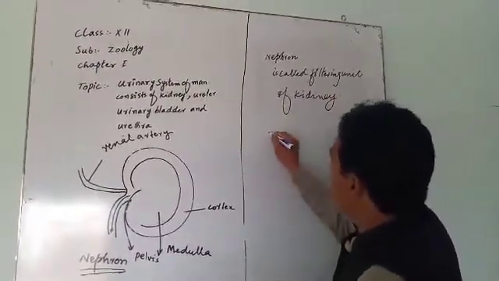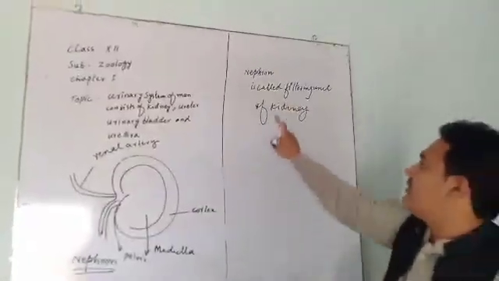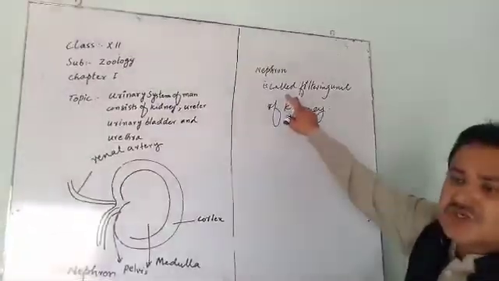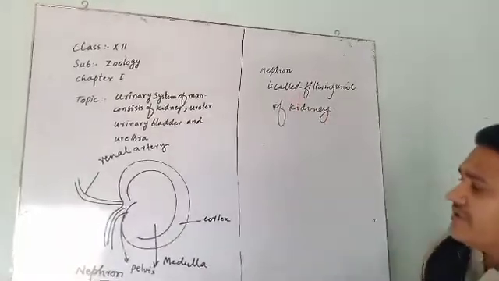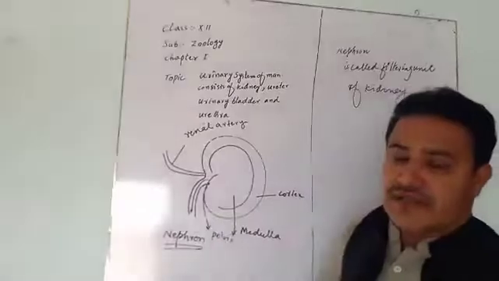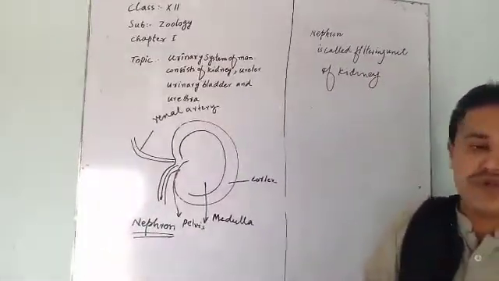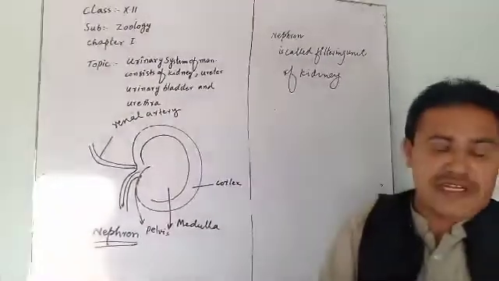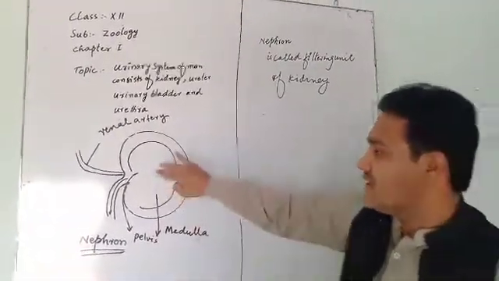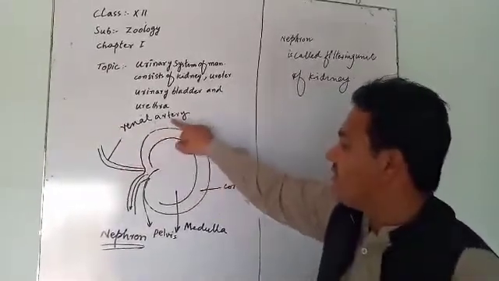They purify the blood. What is the function of the nephron? The function of the nephron is to filter the blood. The blood which contains some toxic material, the urea that is formed in the liver, enters into the kidney by the help of renal artery.